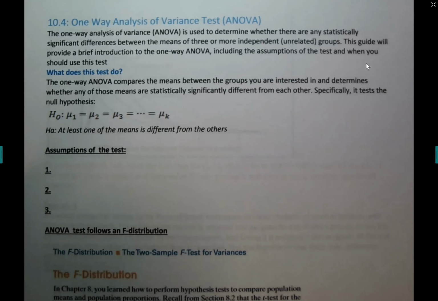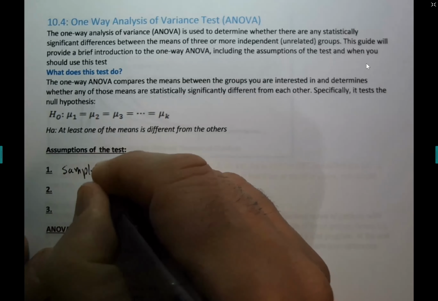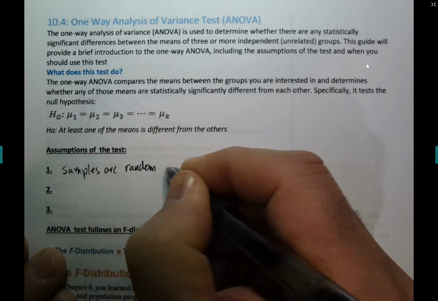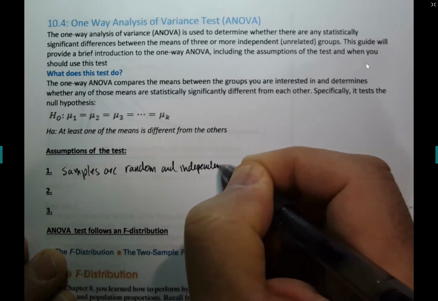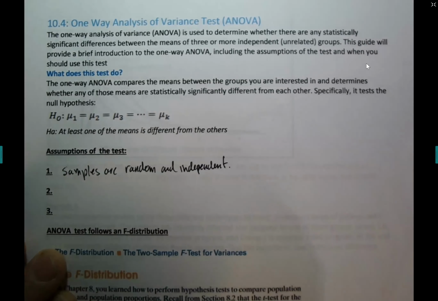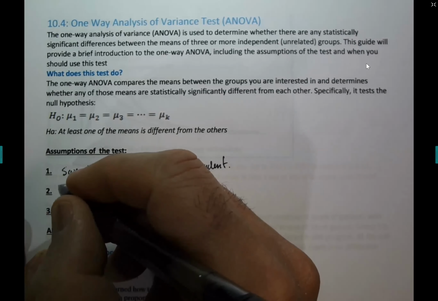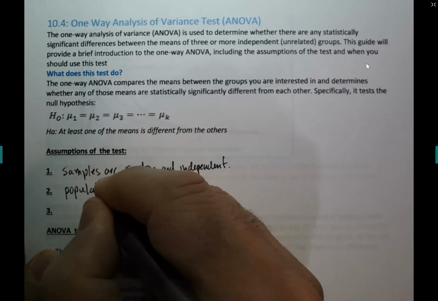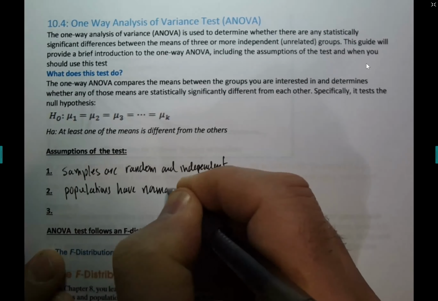In order to perform the test, the samples must be random and independent. Populations have to be normally distributed, meaning bell-shaped.